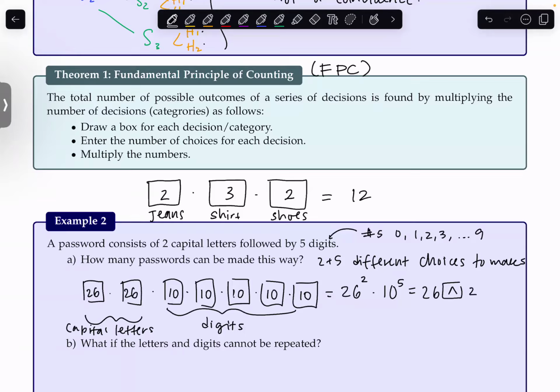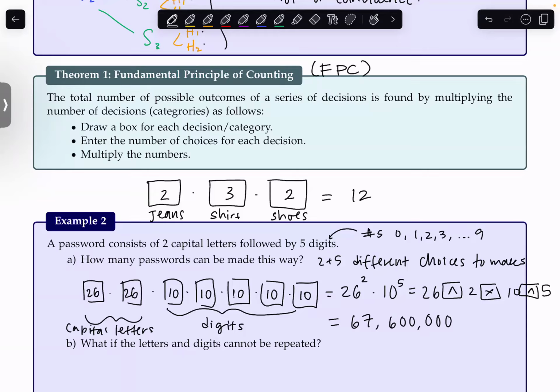Then I'll press 2, then times my 10 to the power of 5. Or I can do 26 times 26 times 10 times 10 times 10 times 10 times 10, but this just lets me do this a little bit faster. Okay, and when I put this into my calculator, I should get back 67,600,000. So this is the number of ways that I can make a password that consists of 2 capital letters followed by 5 digits.